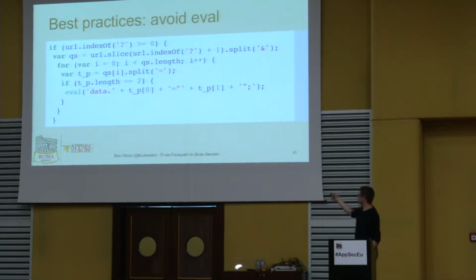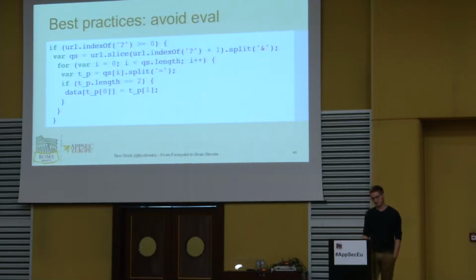Actually, we're not. We're just looking for the search and then everything that is behind it. So we are also actually taking in the URL fragment, which by default in Chrome is not encoded, so we don't even need to worry about encoding. The very easy fix to this is this one. Just use array-like indexing for the data object and assign the value, and this is secure.